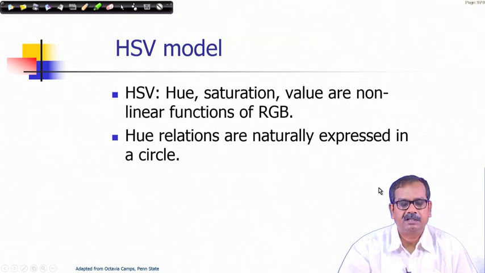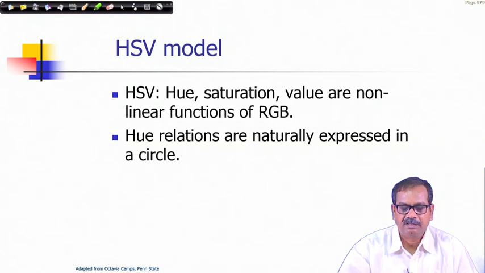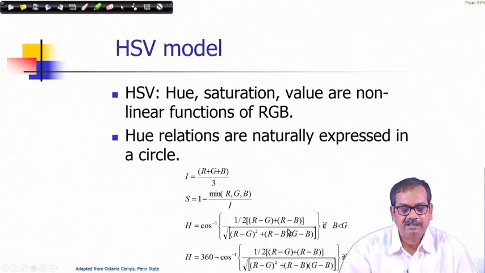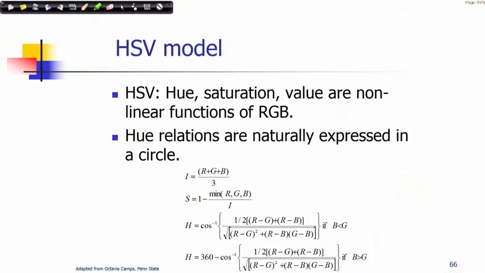The interpretation here is that HSV stands for hue, saturation, value, where value stands for intensity, and hue relations are naturally expressed in a circle as I have shown here. These are the expressions for intensity, represented here by I, which is just the average of red, green, blue values.